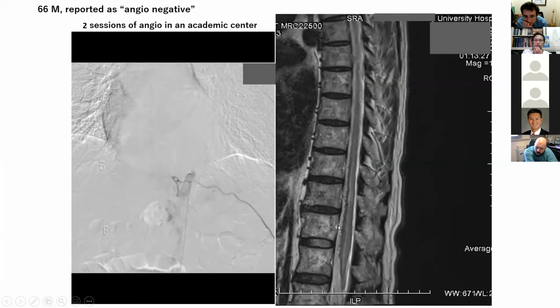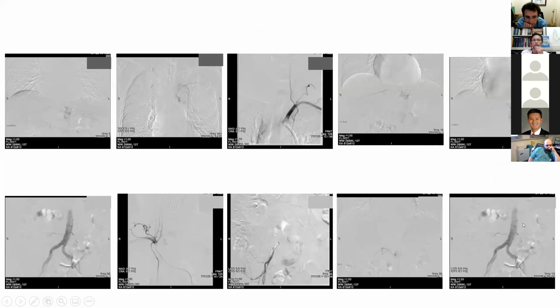Okay, similar story, a little bit different story, but similar. 66, male, again reported as angio negative for dural AV shunt. The previous academic center did two sessions of this spinal angio. Again, edema, flow voids. Not very nice, not very selective injection.